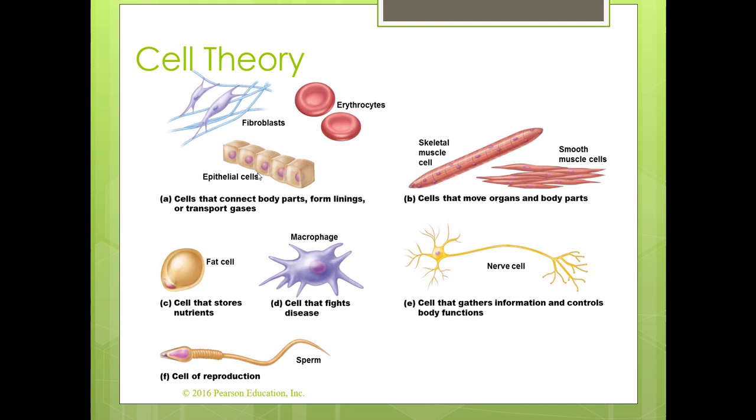So we have a huge variety in terms of our cellular structure and function. But the reason we start with cells before moving on to all of the organs is that without our cells, we're just nothing, right? All of the amazing things that our body can do is dependent on how our cells function.